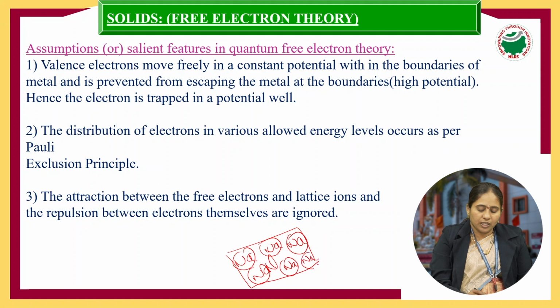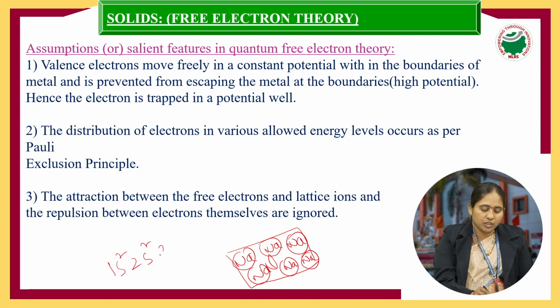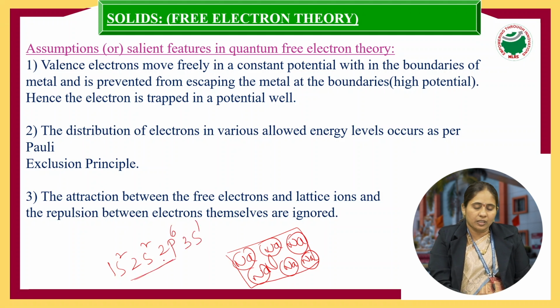These sodium lattices have the valence electron. Sodium's electronic configuration is 1s2, 2s2, 2p6, 3s1. So these orbitals are filled, and here there is an incomplete orbital, with only one electron occupying the level. One more electron has to occupy it if you want stability. That will act like a free electron in its outermost shell.